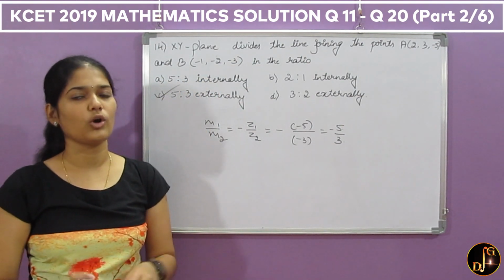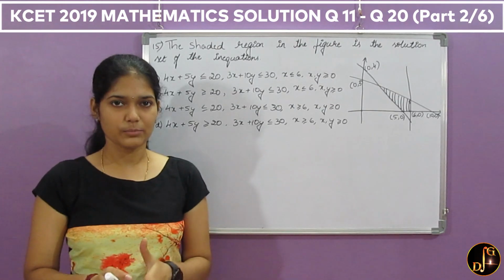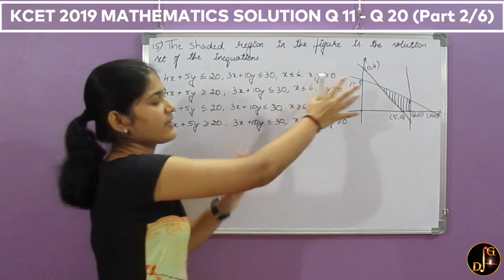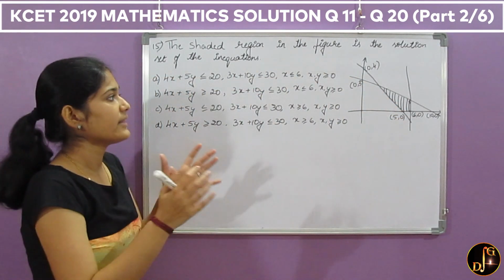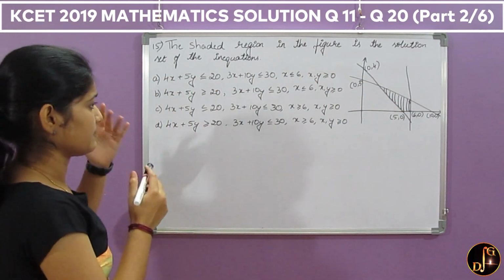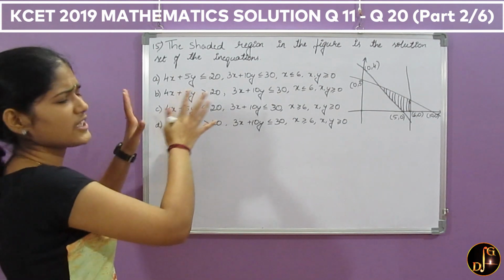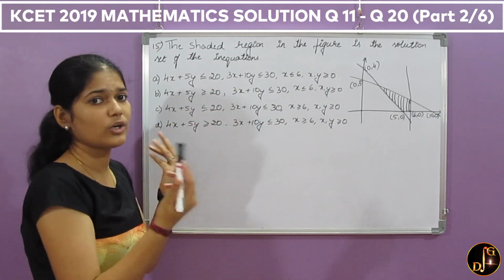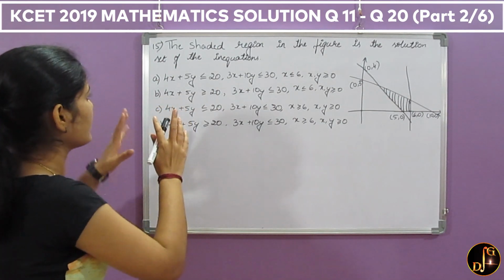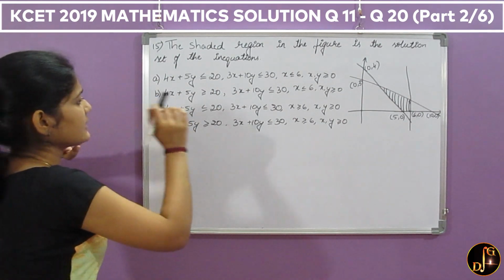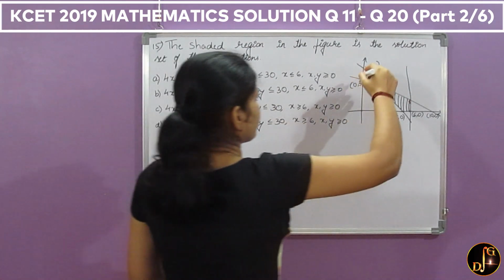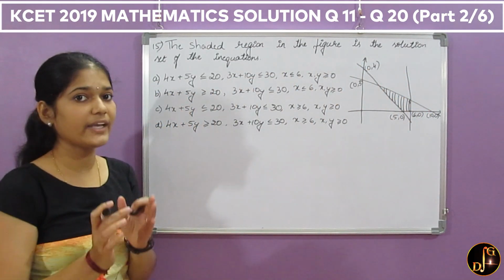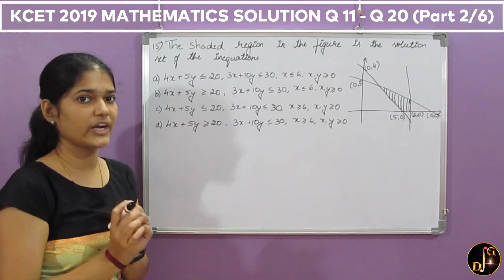Now let's move on to the next problem. In this problem, we have to find which set of inequalities satisfies the shaded region. That means, observe here. Clearly, we just have to see whether it is less than or equal to, greater than or equal to, whatever it may be. So that, let's first see the equations. Clearly, this line represents the 4x plus 5y is equal to 20 equation, right?